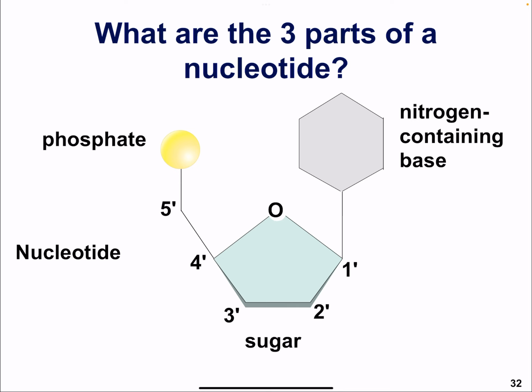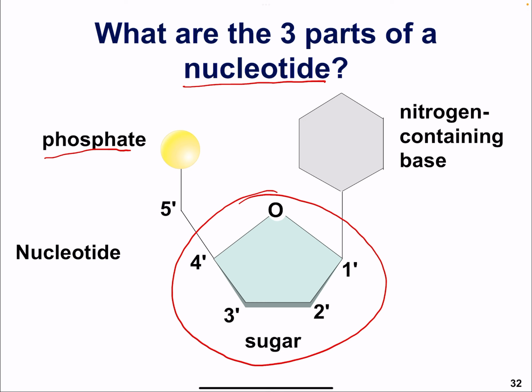The building blocks of nucleic acids, which we call nucleotides, are made up of three parts. One is the phosphate group. Two, a 5-carbon sugar. Three, a nitrogenous base. The 5-carbon sugar occurs in two kinds. We have one that is called ribose.